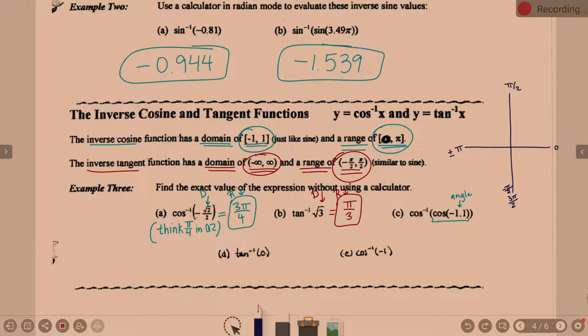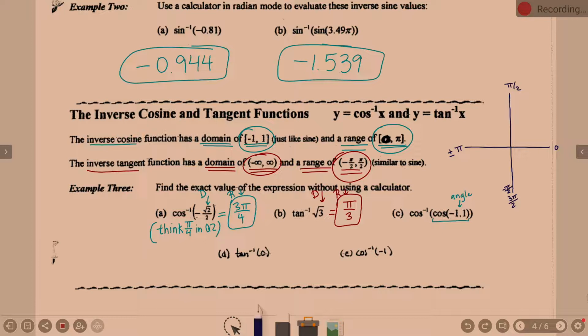Okay. What quadrant does negative 1.1 land in? Quadrant 2? No, not quadrant 2. Quadrant 4. I can agree with quadrant 4. So negative is going to take me down, yes.